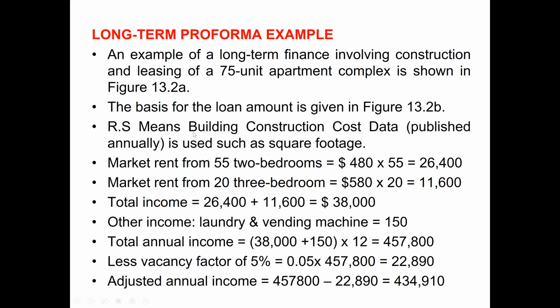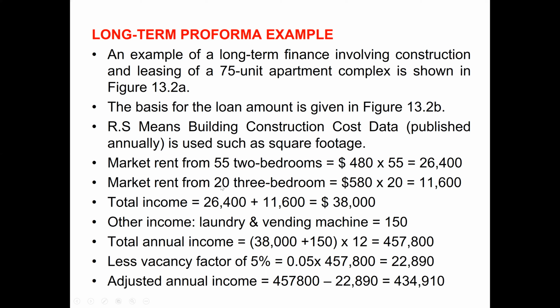See, it's a 75-unit apartment. The market rent for one two-bedroom apartment is $480, and there are 55 apartments, so the total is 26,400.